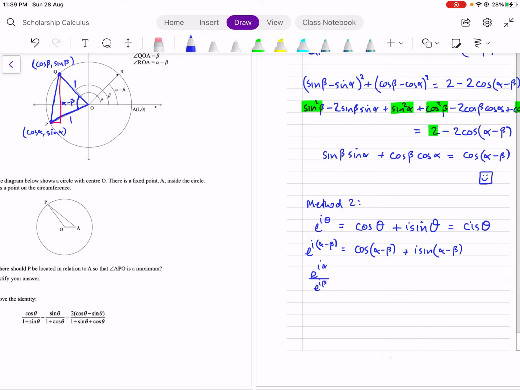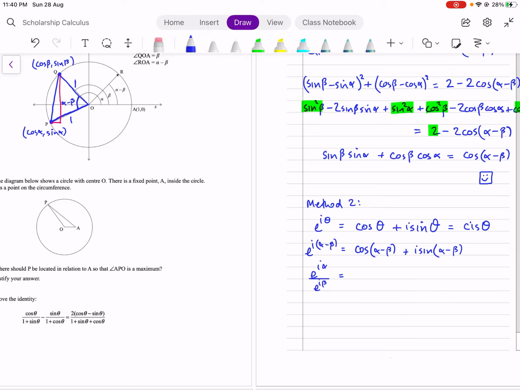Okay, so the left hand side becomes two complex numbers that are divided, and when you divide complex numbers in polar form, you subtract the angles and you divide the modulus. The modulus in this case is 1 for both of them. There's no number in front of the e, but the angles subtract. So we would end up getting e to the i alpha minus beta, which is what I had. Okay, so that holds.